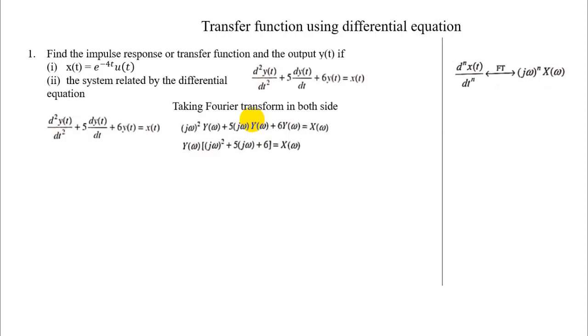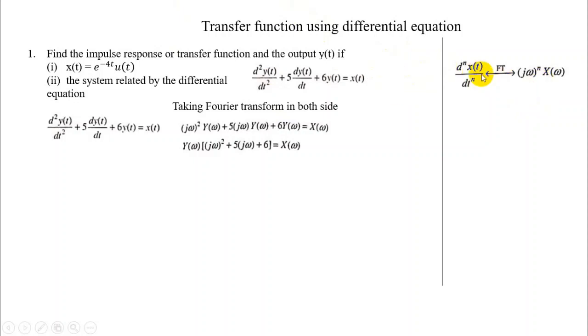So what would be our ultimate goal? Our ultimate goal is to determine the output in the time domain, that means y(t). In this equation y(t) is the output, and we need to determine it by the Fourier transformation process. This is the property of Fourier transformation.